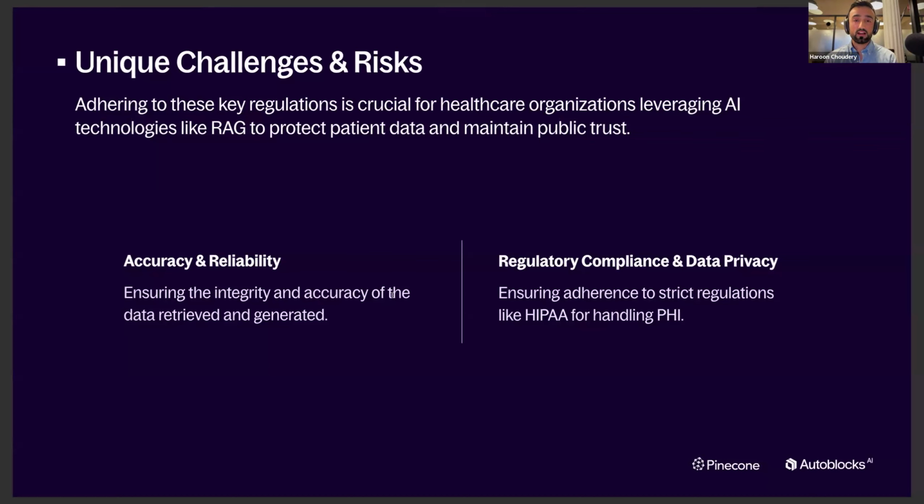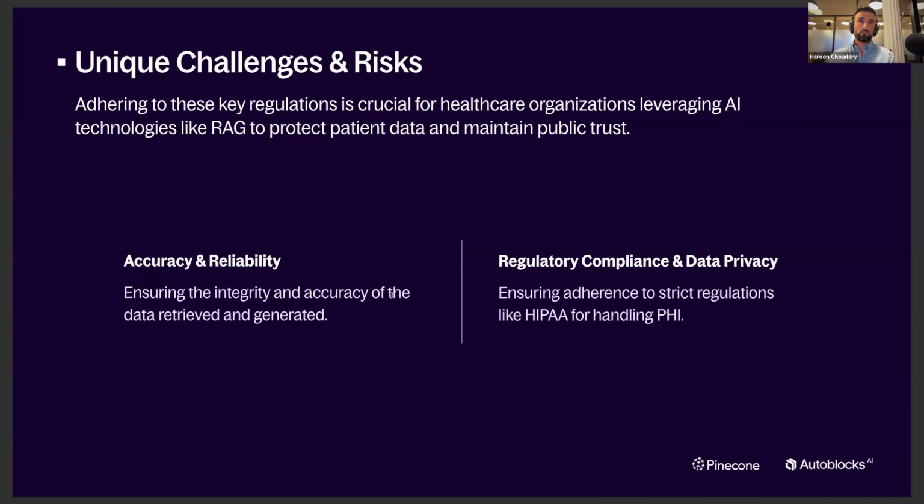You're dealing with health outcomes, so it's especially serious. And on the regulatory compliance and data privacy side, you want to ensure that you're handling PHI in a very deliberate and careful manner, so that you're not creating vulnerabilities that will potentially create some issues for you and your patients down the road.